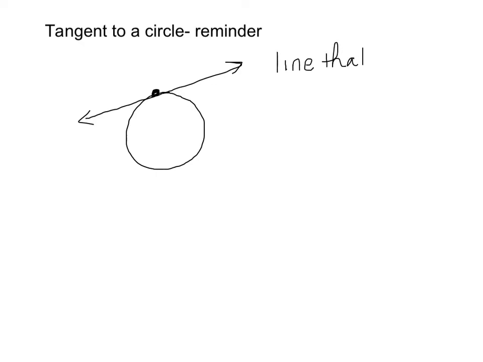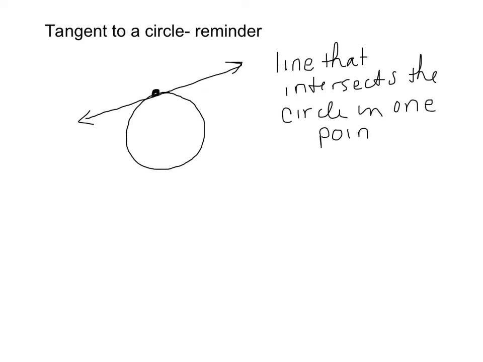Okay, one last thing. I just want to remind you about the word tangent. Here's a circle, not too bad, free-handed. A tangent to a circle is a line that intersects the circle in one point, just one.